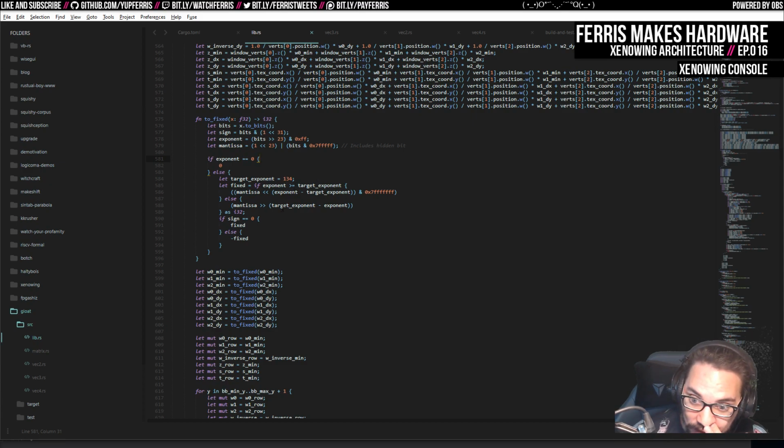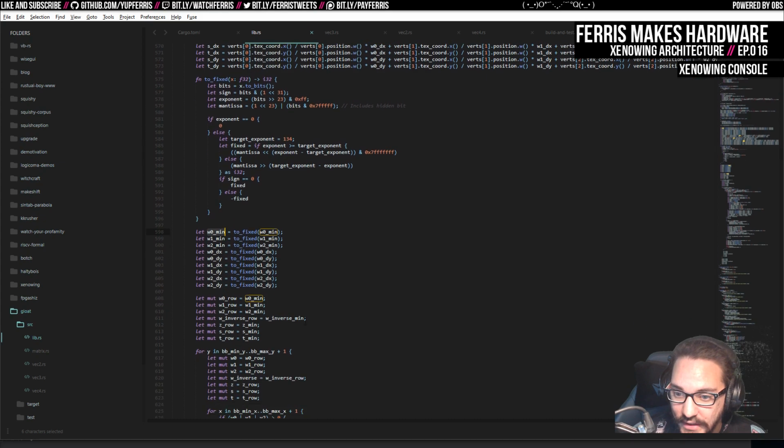Now, I do know that at least for these edge functions and all these deltas, like all these parameters that we're interpolating across the triangles, the Voodoo card did this, and they did that in fixed point. I should actually look at what their drivers were doing to see what kind of range they were ending up with, and what representation they were using.